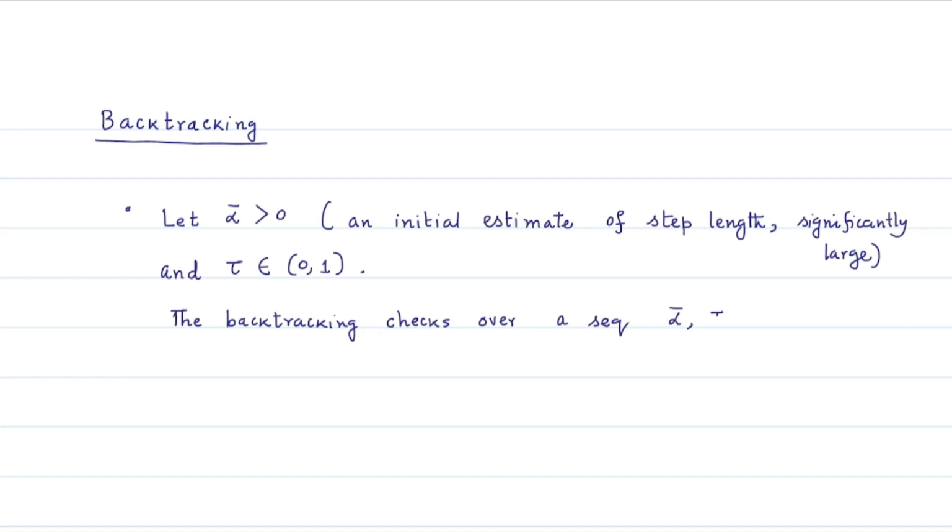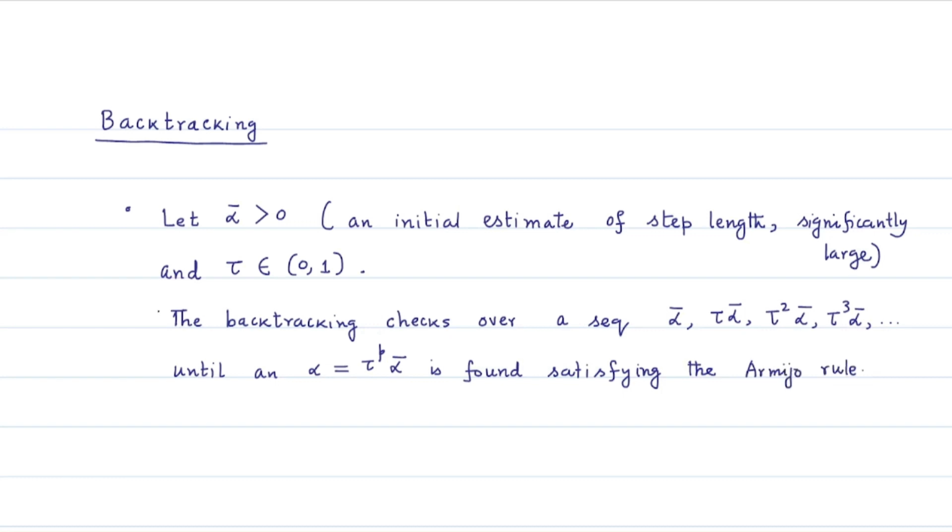Those are alpha bar, tau times alpha bar, tau square times alpha bar, tau cube times alpha bar, and so on until we get an alpha value given by tau to the power p alpha bar for some natural number p that satisfies the Armijo rule.